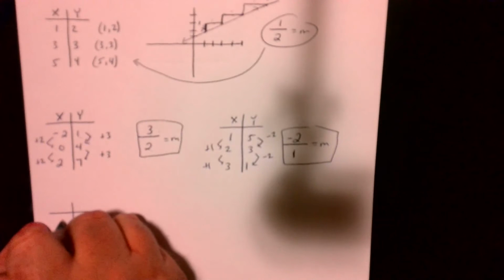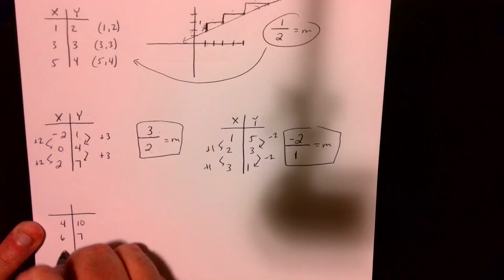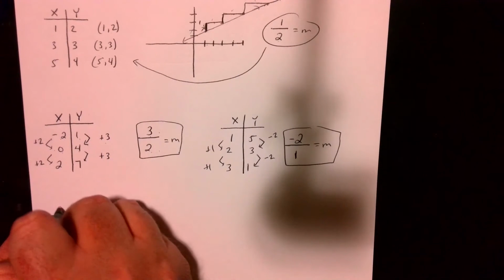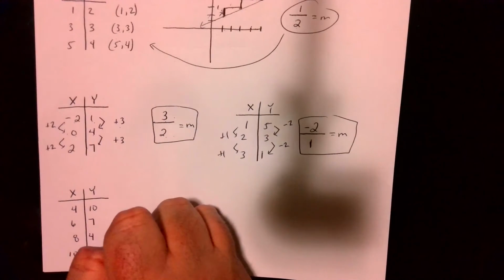So let's give you this one. 4, 10, 6, 7, 8, 4, 10, 1. These are our x's, these are our y's, right? I want you guys to do what's the change in y over the change in x.